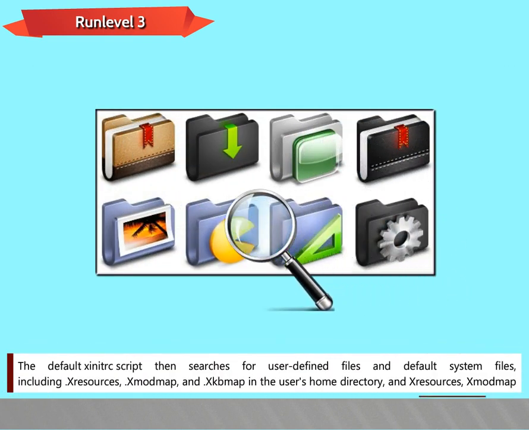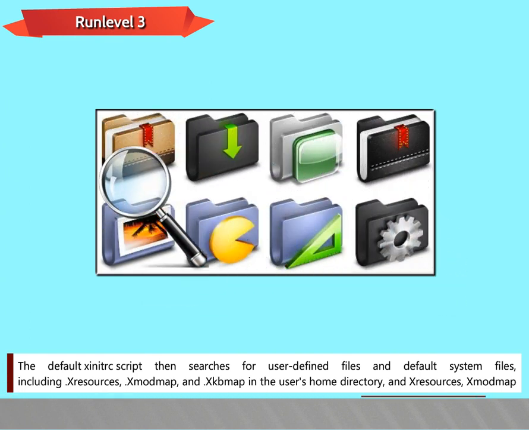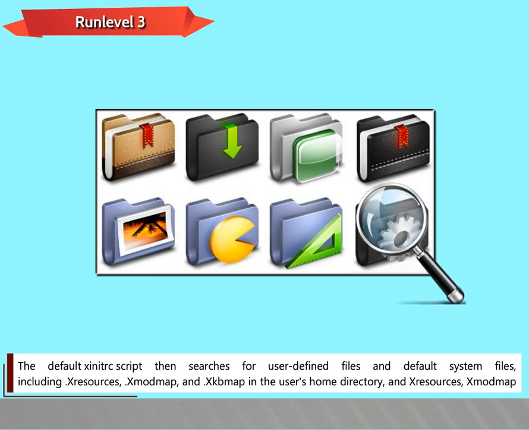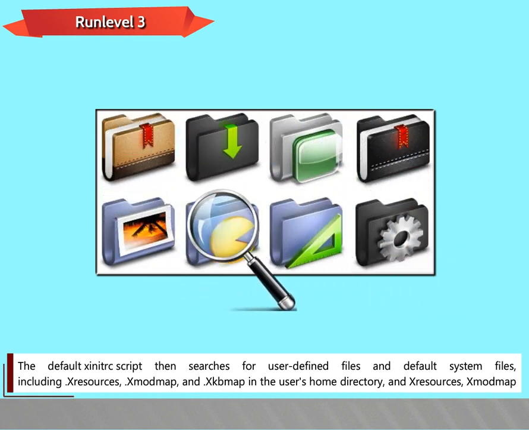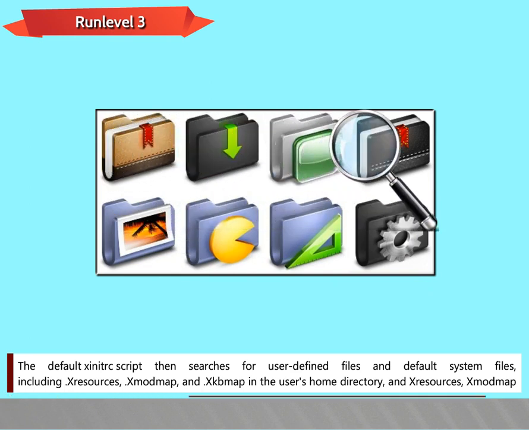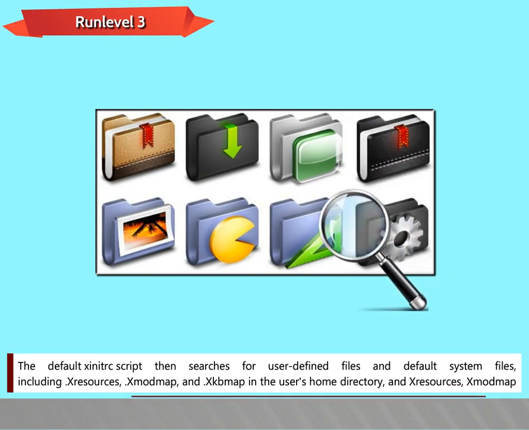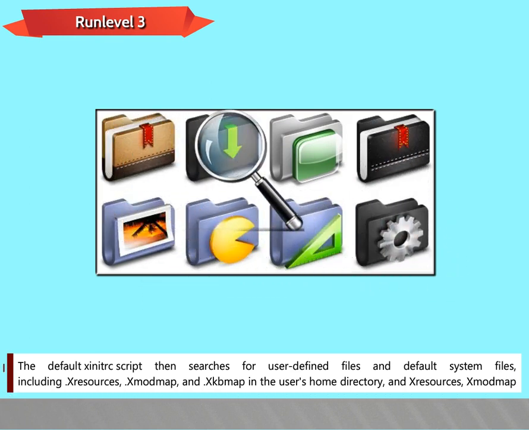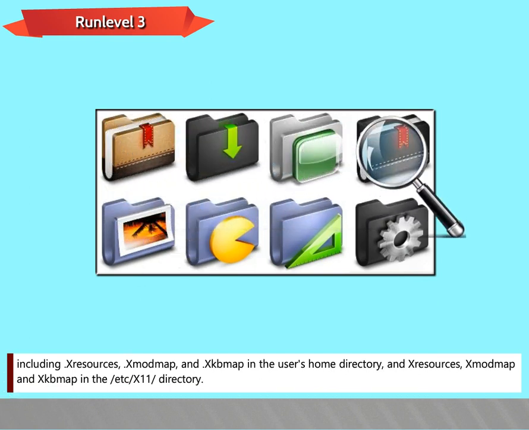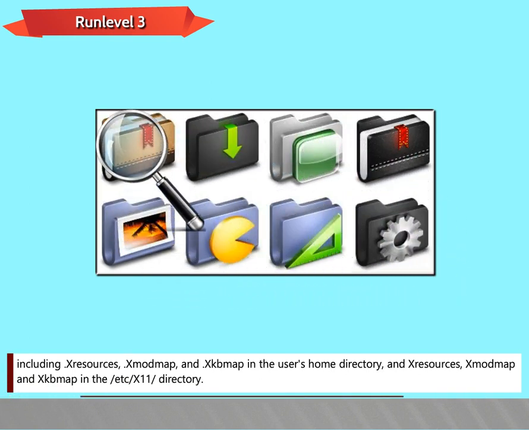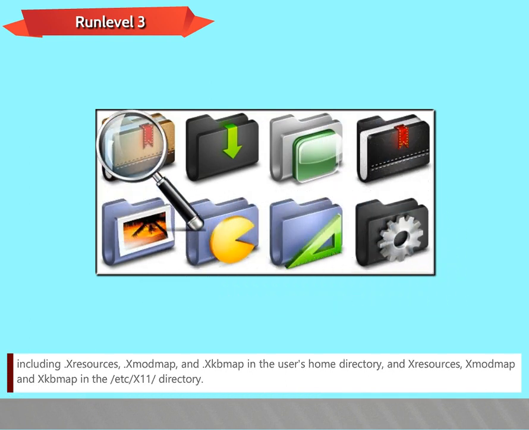The default xinitrc script then searches for user-defined files and default system files, including .Xresources, .Xmodmap, and .Xkbmap in the user's home directory, and Xresources, Xmodmap, and Xkbmap in the /etc/X11/ directory.